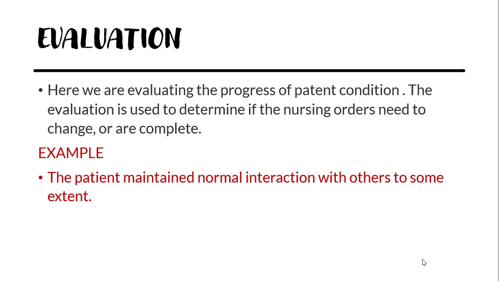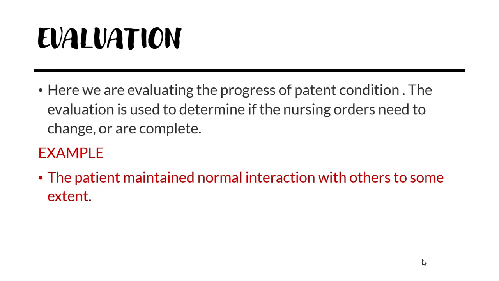After that, we are going to the last section of the nursing care plan, that is evaluation. Here, we are evaluating the progress of the patient's condition, and the evaluation is used to determine if the nursing orders need to change or are complete. So evaluation is very important to understand the progress of your plan, and whether there is any need to make changes. After doing the evaluation only, we can understand that.